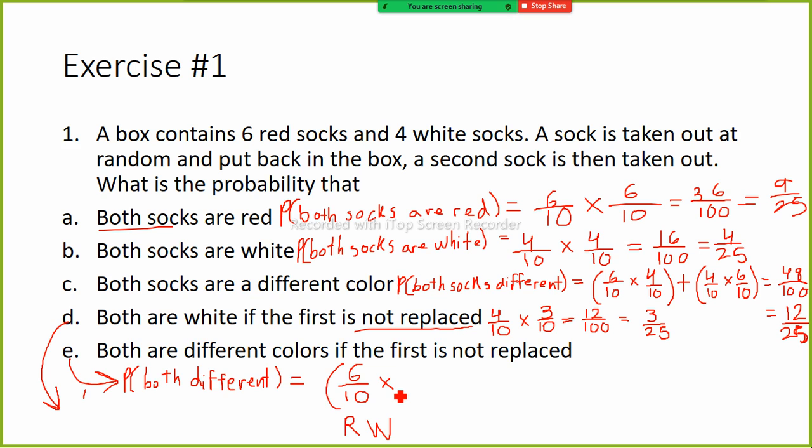Nope. Is this 6 over 10? Nope. Anyone else want to help her? Five over 10? No. Is it 9 over 10? No. Another.